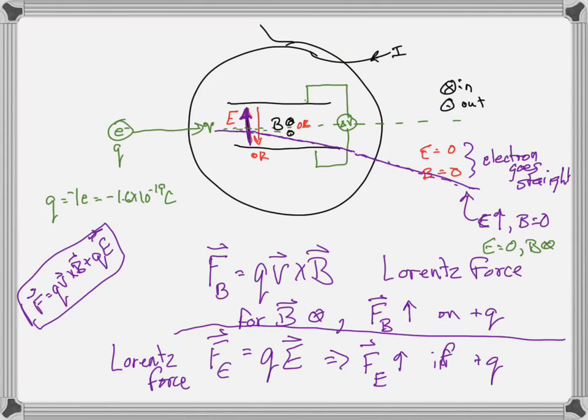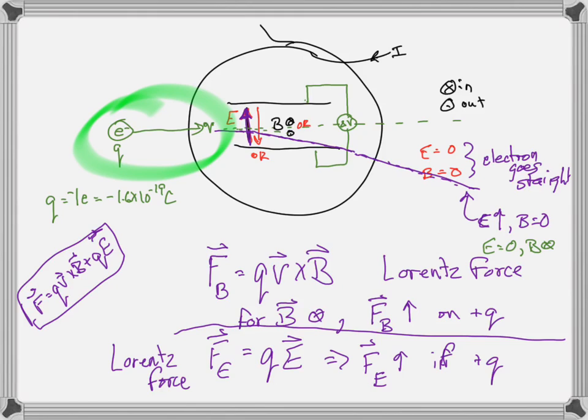How is this a velocity selector? Let's say you have electrons traveling through here at some distribution of velocities, some going faster, some going slower. When you turn on the electric field, they'll all deflect somewhat differently depending on how fast they're going, and the same with the magnetic field.